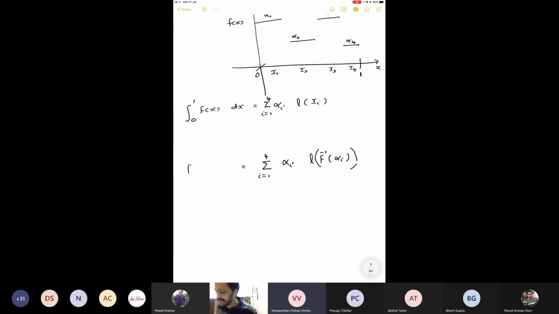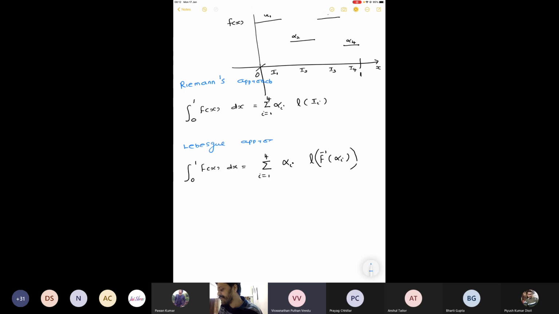This is the integral 0 to 1 of f x dx. This is Riemann's approach, the first one, and the second one is Lebesgue's approach.